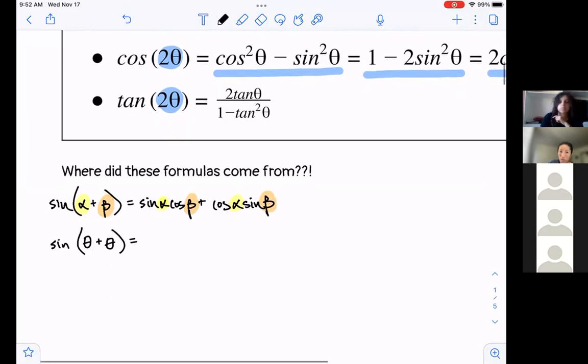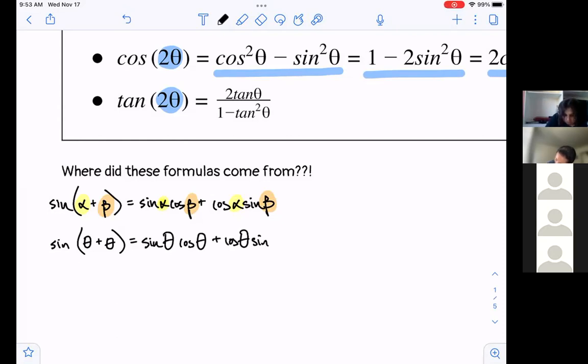How would I rewrite this formula using theta plus theta instead of alpha plus beta? The same way, but with theta. Okay, so what would that be? Sine theta, cosine theta plus cosine theta, sine theta.